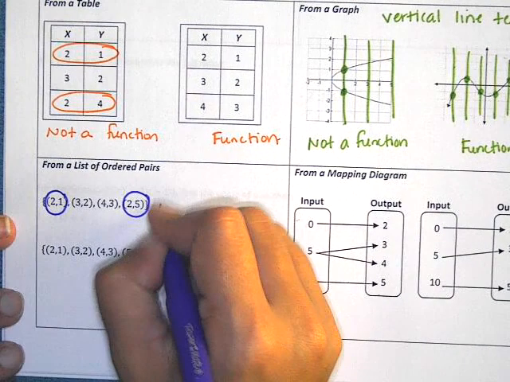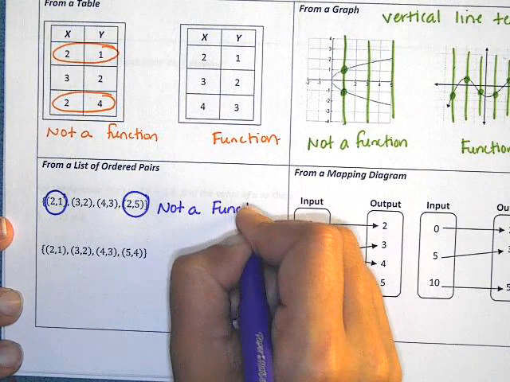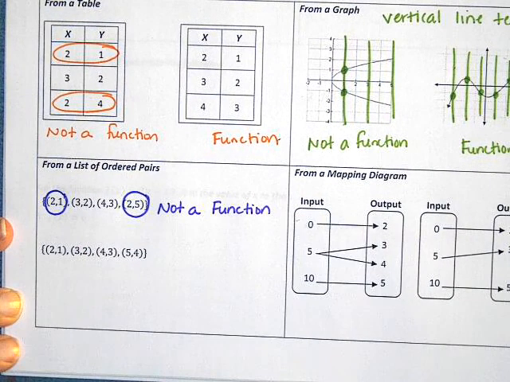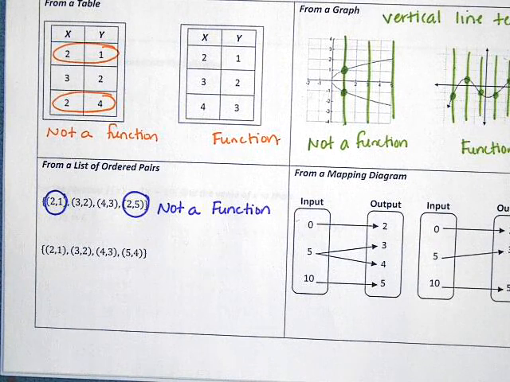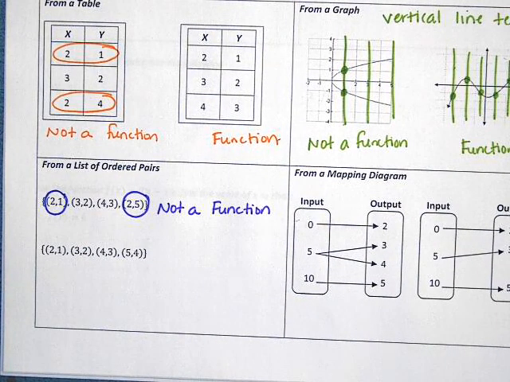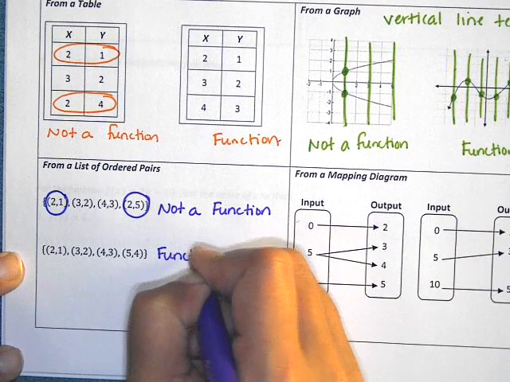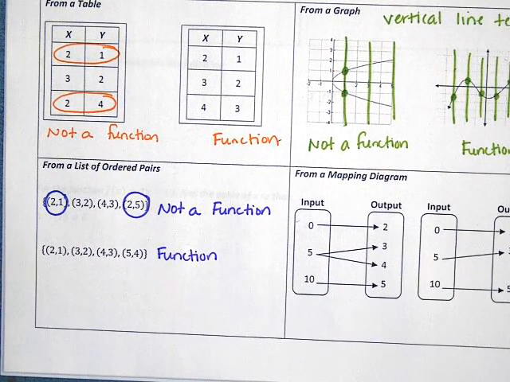So we would say that this is not a function. Now in the next example, 2 is going to 1's party, 3 is going to 2's party, 4 is going to 3's party, 5 is going to 4's party. Everybody's only going to one party. So for this one, we would say that it is a function.